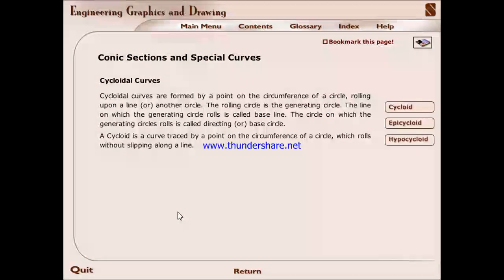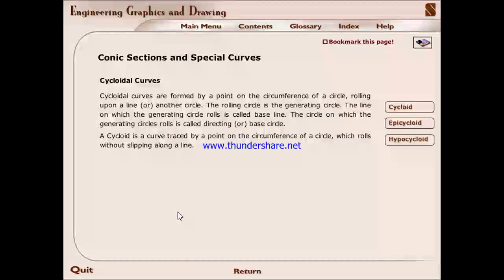The rolling circle is the generating circle. The line on which the generating circle rolls is called the baseline. The circle on which the generating circle rolls is called the directing or base circle.